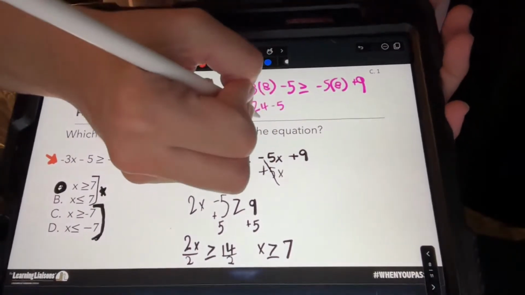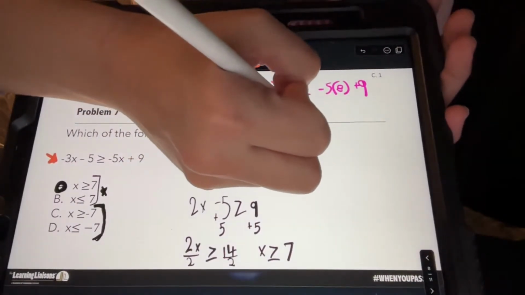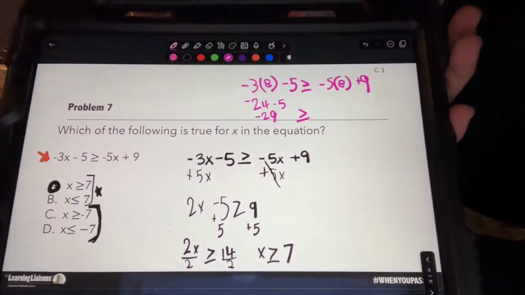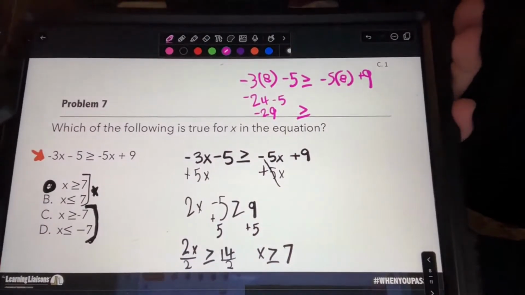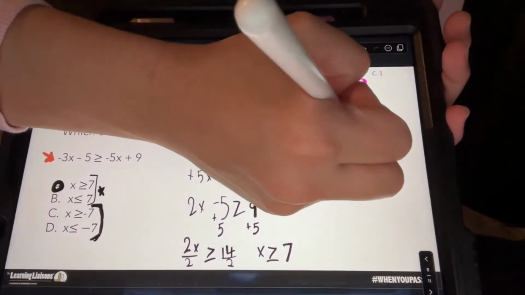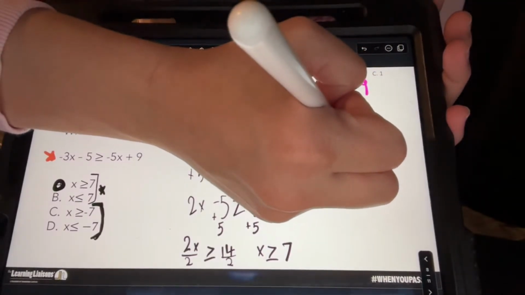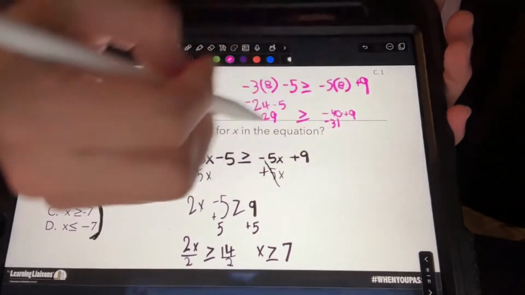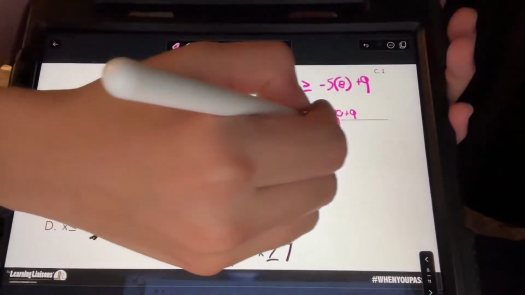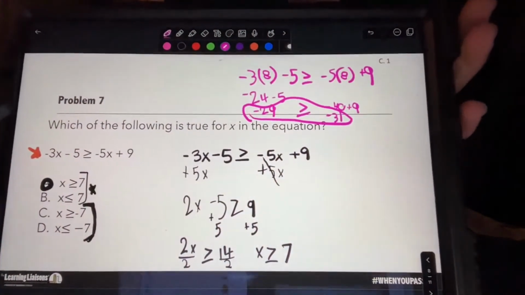Minus 5 is negative 29. Is greater than or equal to whatever's over here. Negative 5 times 8 is negative 40. Plus 9 is negative 31. Is negative 29 greater than or equal to negative 31?